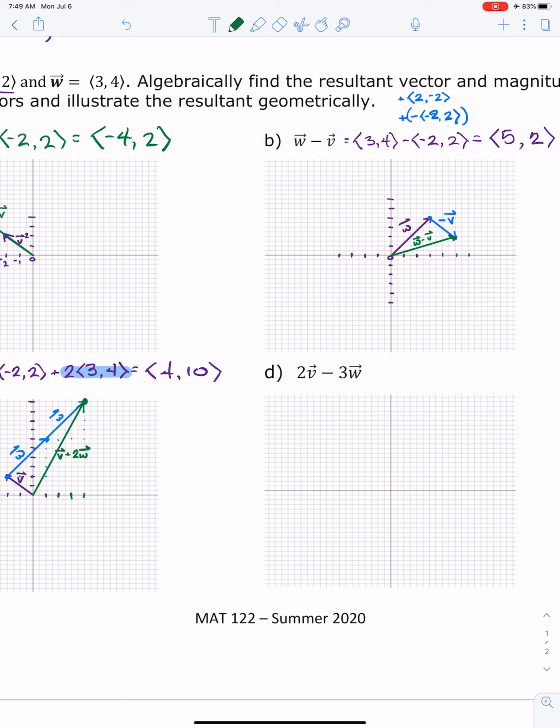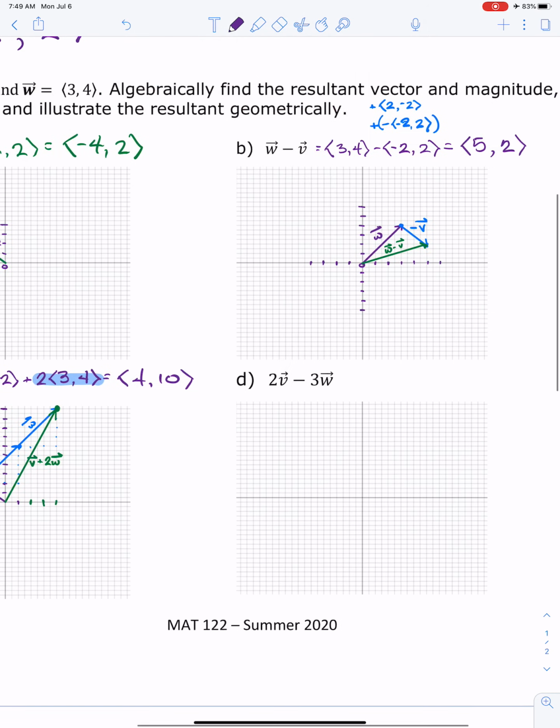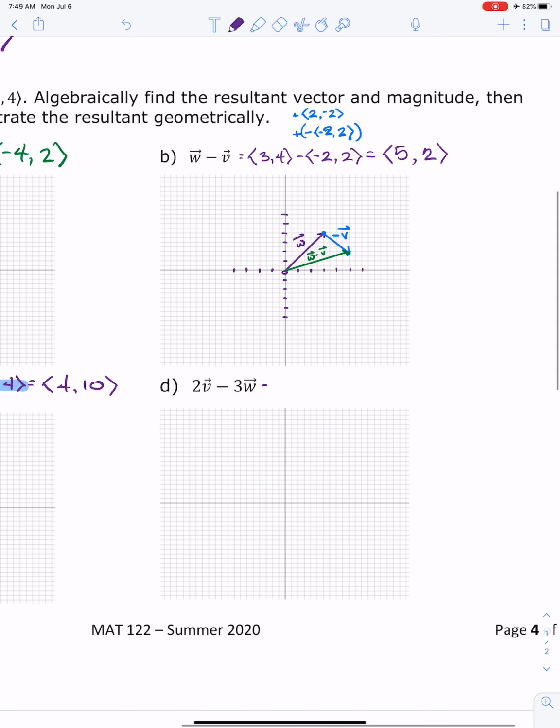Now for D, we're going to cheat just a little sometimes. Well, no, we're not. It's a little cumbersome to do this graphically as they get a little more involved. Negative 2, 2, minus 3, times 3, 4. I'm going to go ahead and write this out just so I don't have to think too hard.